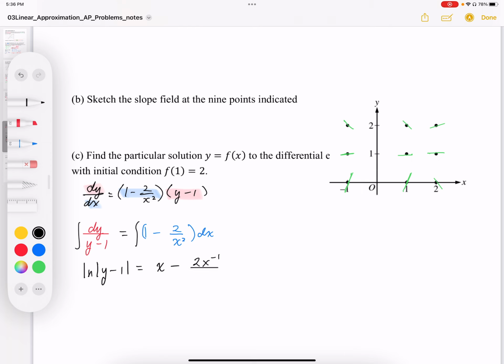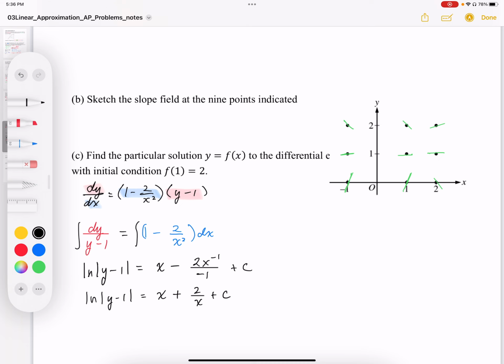And I've got to remember to divide by that negative 1, so it becomes positive, and then plus c. So I'm just going to rewrite that so that I can work with it a little bit easier. So this is going to be plus 2 over x plus c.